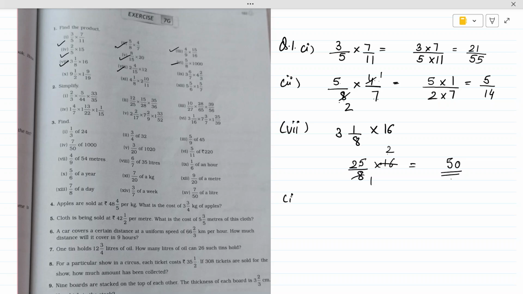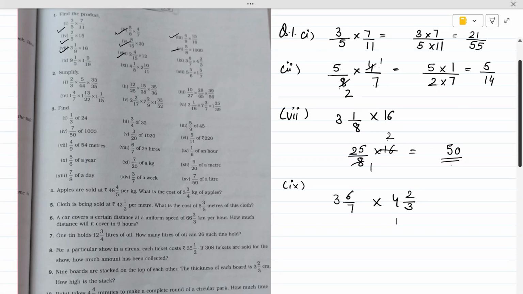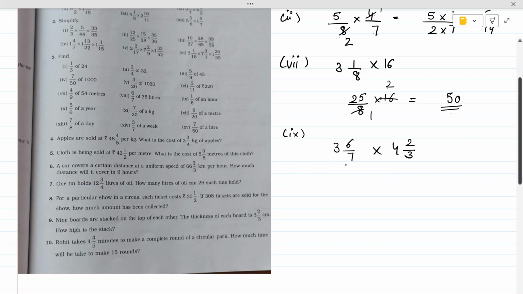Also, let me do question number 8 here, which is 3 6 by 7 multiplied with 4 2 by 3. Both are mixed fractions, so let us change them to normal fractions first. 7 into 3 is 21, 21 plus 6 is 27 by 7, and then 3 into 4 is 12, 12 plus 2 is 14 by 3.